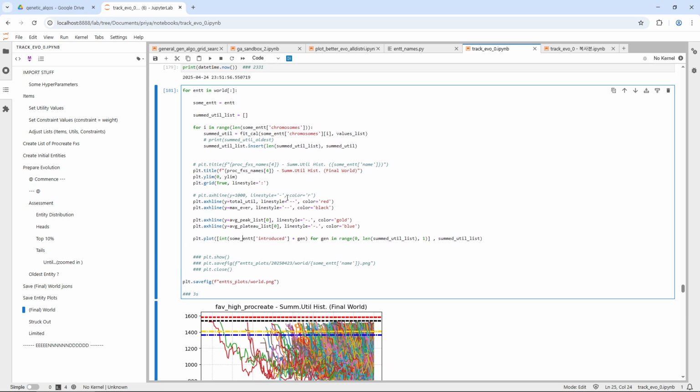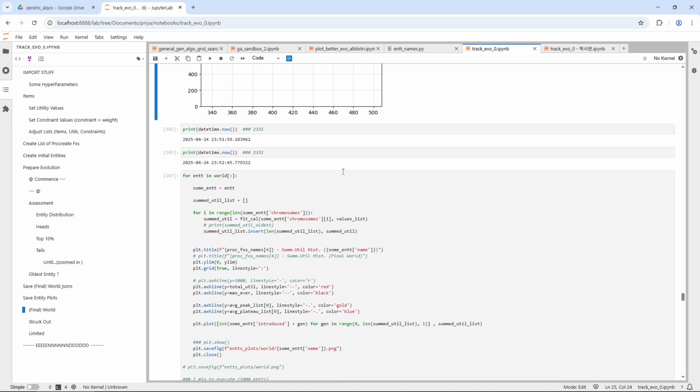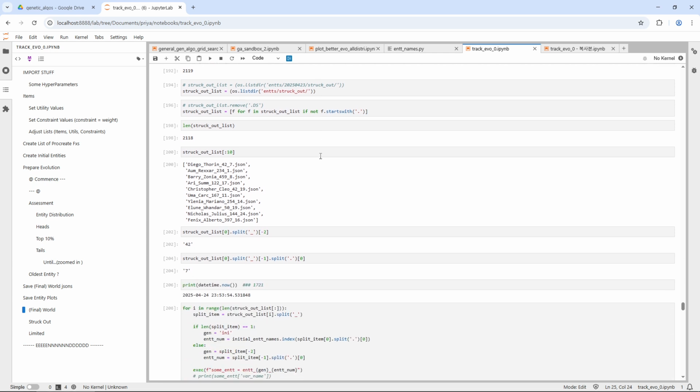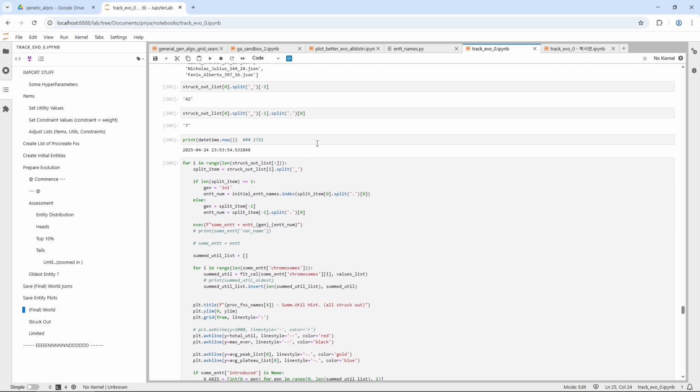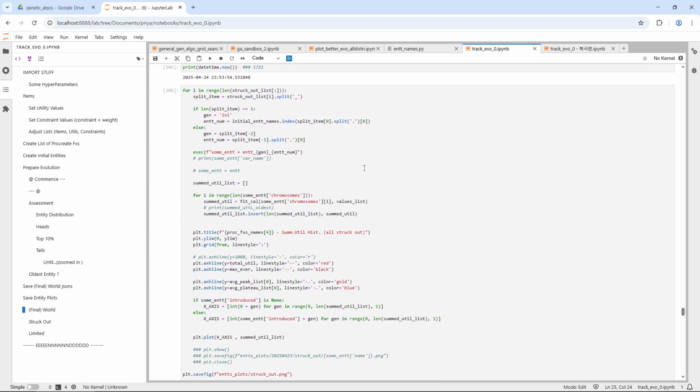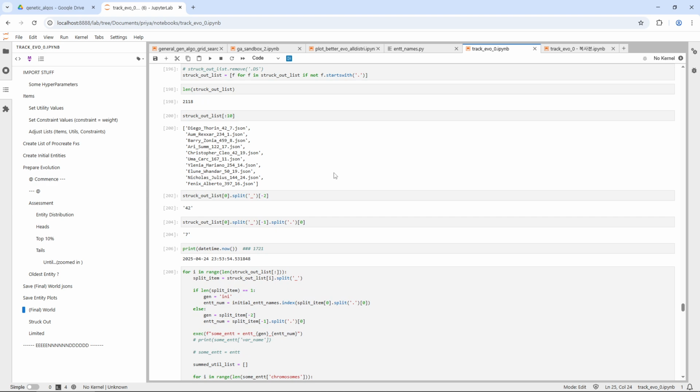So I would have 1,000 plots, and it goes the same for the entities that got struck out. I don't want to read in the JSON files, because the entities that created those JSON files are already included within this Python runtime, so it would be unnecessary.